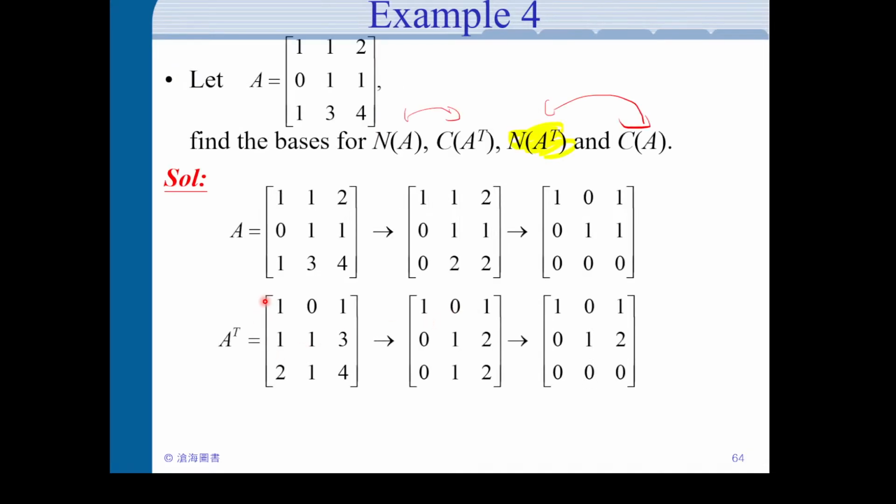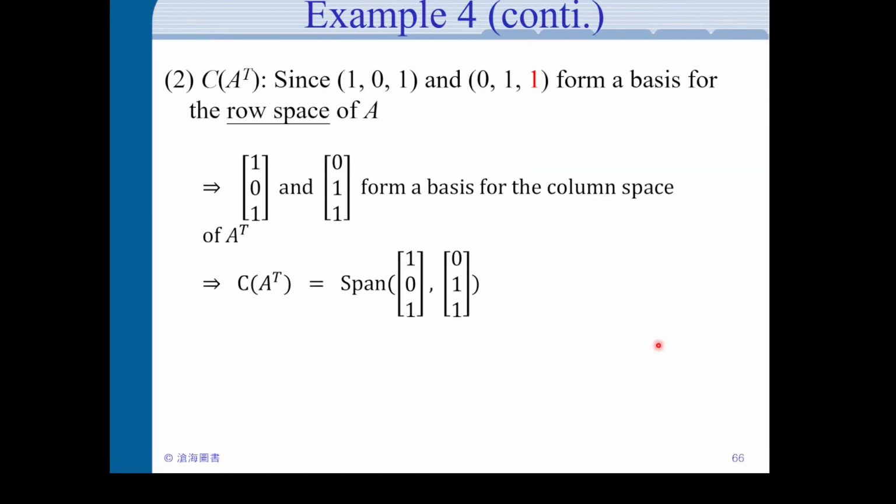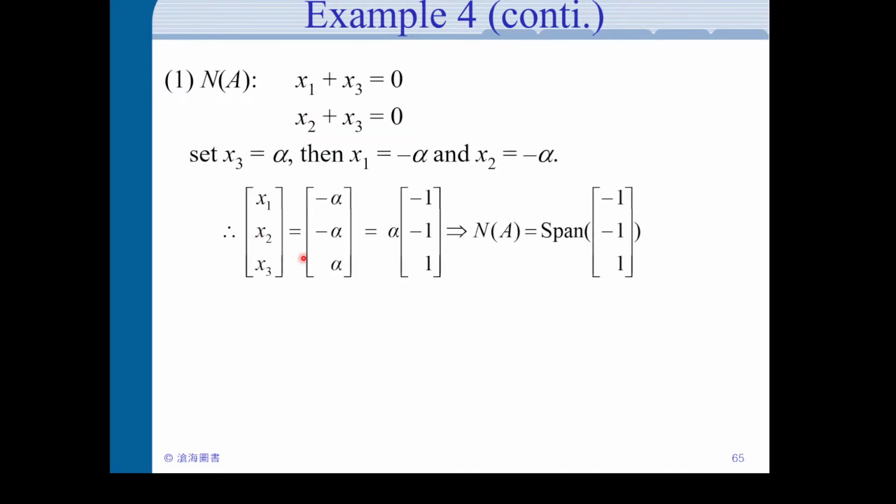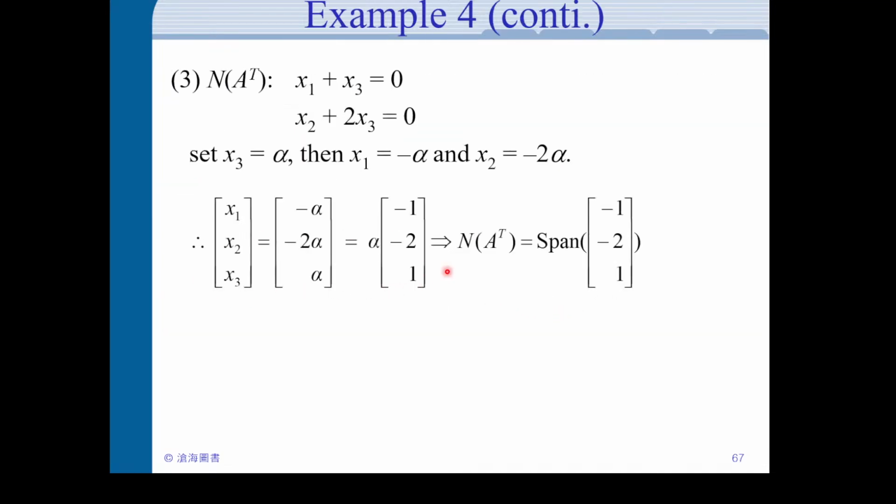Similarly, you do Gaussian elimination for A transpose, and you get this thing, and those two vectors will become a basis. Now we solve for the null space of A transpose once again. You do a bit of solving and see that the null space is spanned by this vector: x1 will be minus x3, and x2 will be minus 2x3.